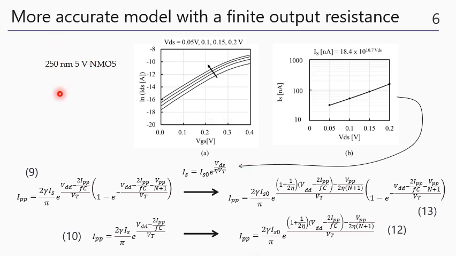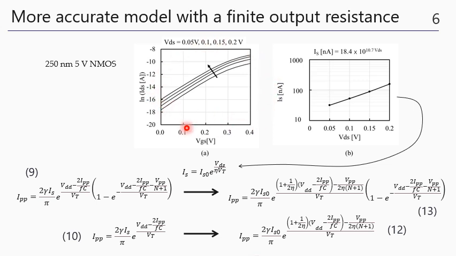As we have seen before, even though the output impedance of the cross-coupled CMOS charge pump is much larger than that of the single diode, it's still finite, not infinite. Therefore, a more accurate model is required for the finite output resistance.